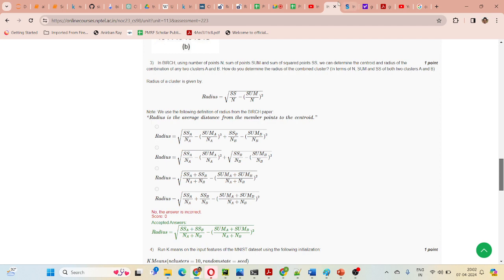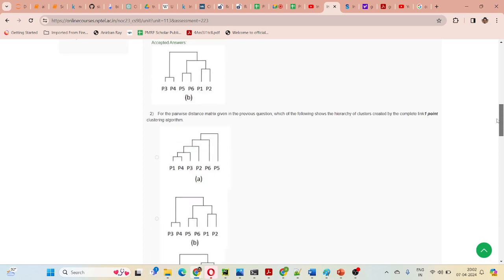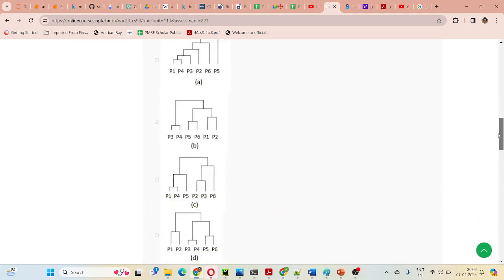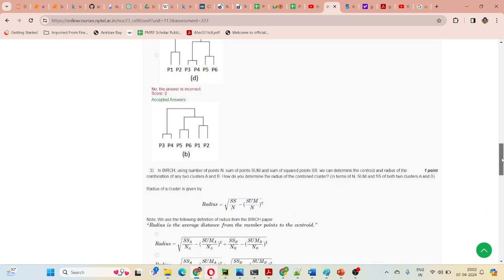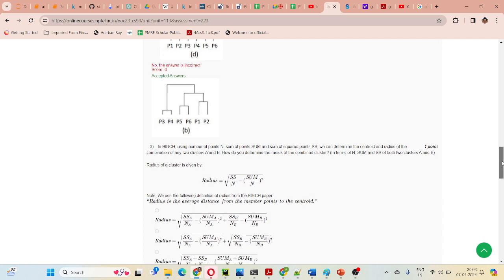Not this one, the previous one. This one. The answer option given in the solution is incorrect. The same answer is given for single link clustering and complete link clustering.